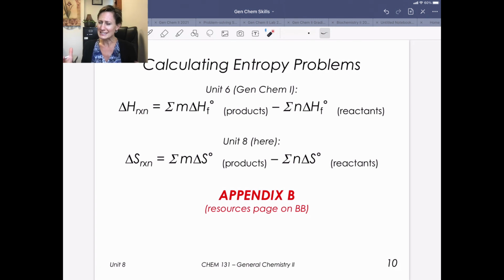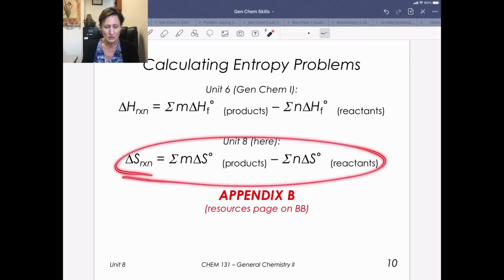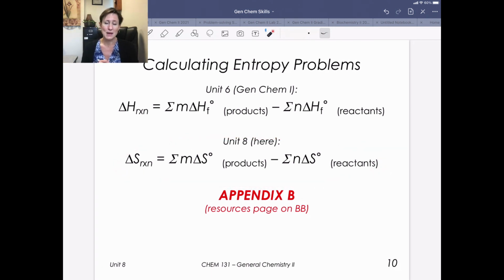So this is a pretty easy skill here, because all we're going to do is use a different column in Appendix B. So if you haven't had a chance, go onto the Resources tab and look up Appendix B and remind yourself that, oh yeah, I remember using delta H values here. Well, now in this learning unit, we're going to use delta H, and we're also going to use the delta G values. And that's it for this first skill on entropy.